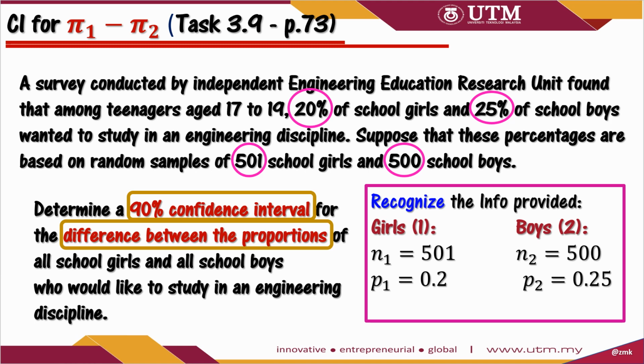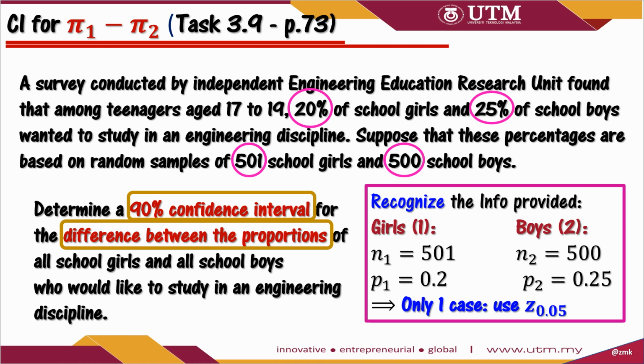Please remember that we only have one case in constructing a confidence interval for pi1 minus pi2, that is to use a z-score in the confidence interval formula. For this question, alpha is 10%, so we'll use z0.05, which is equal to 1.6449 from the table.